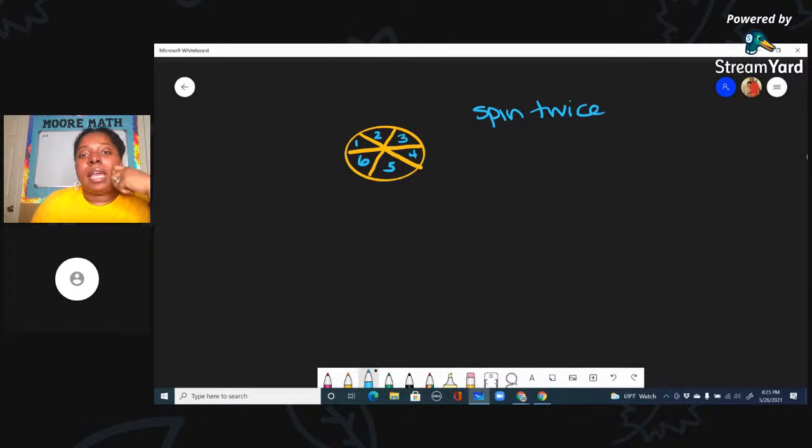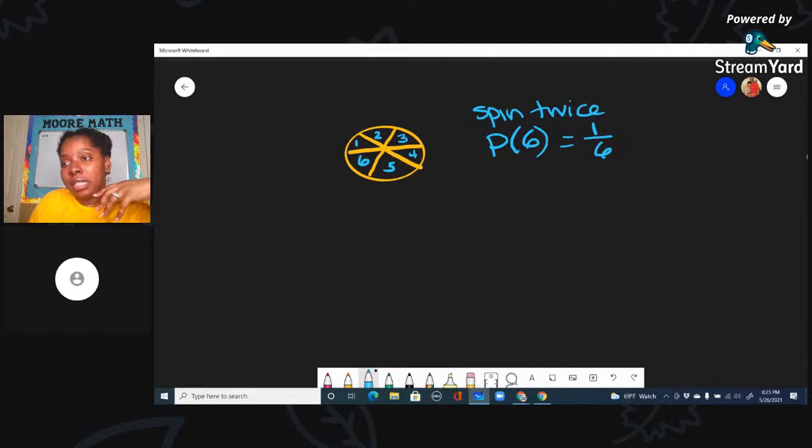So let's say the probability of landing on a 6. When you first look at this, how many possibilities are there of landing on a 6? 1 out of 6. Yeah, right? So the probability of landing on a 6 is 1 out of 6.